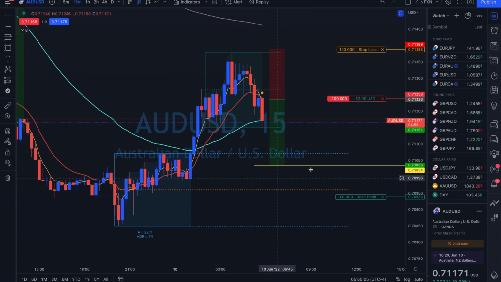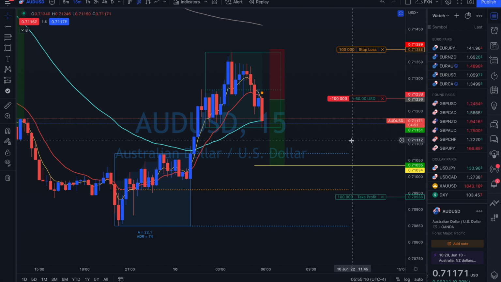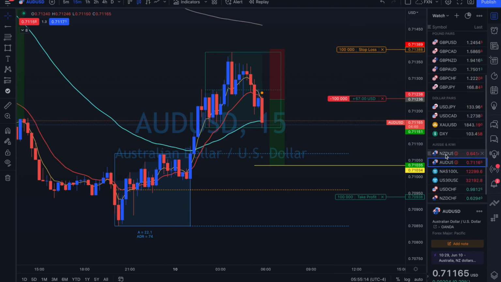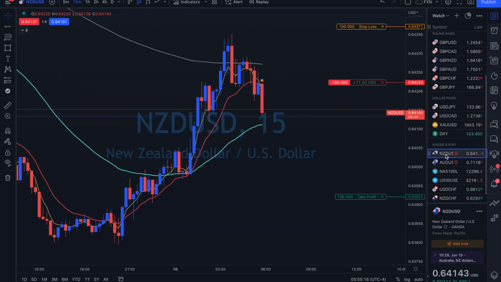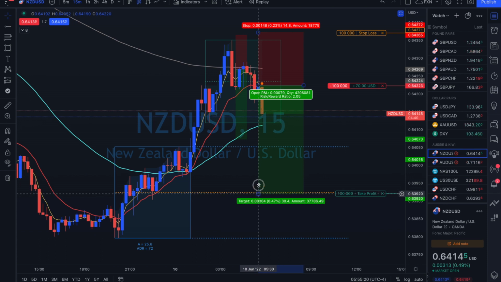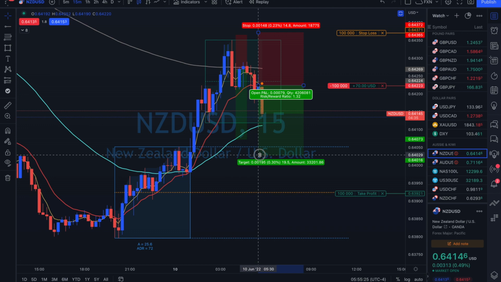I'm going to mark that because if I get down there, I definitely want to move my stop loss down and protect profits. Same thing here, go up to 20 pips.